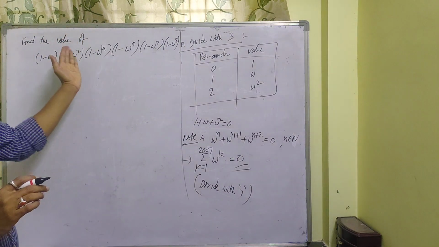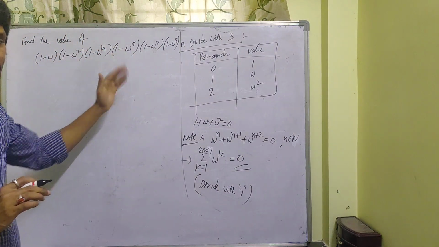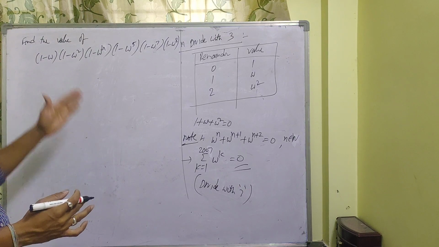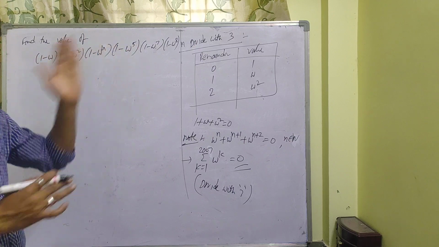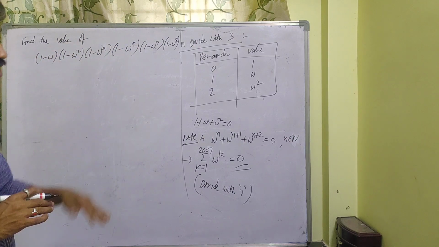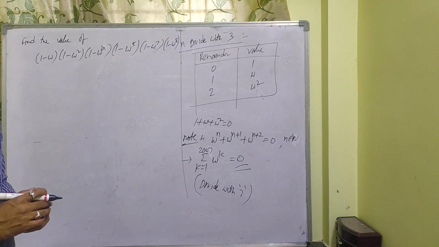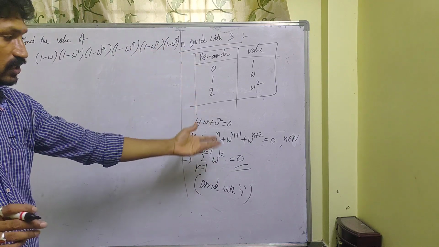So generally when you observe the factors, most of the students go for multiplying those factors. That is a lengthy method. First we have to simplify by using omega cube is equal to 1. Okay, the same procedure you apply here.